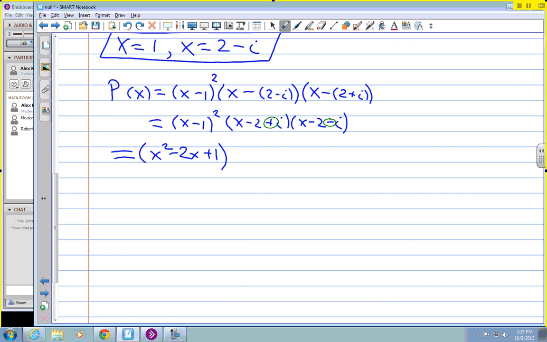So if I treat x minus 2 as a whole and i is the other part, I can use the difference of squares formula. Because I have two things that only differ by a sign, using a difference of squares formula, I'll get x minus 2 squared minus i squared. Is that okay?